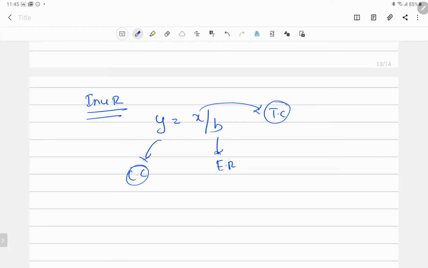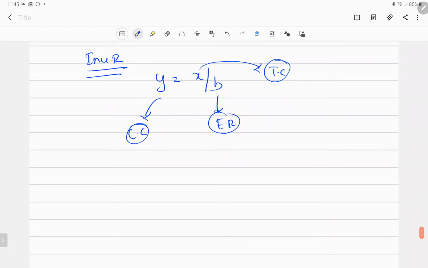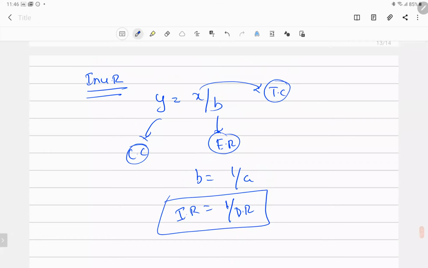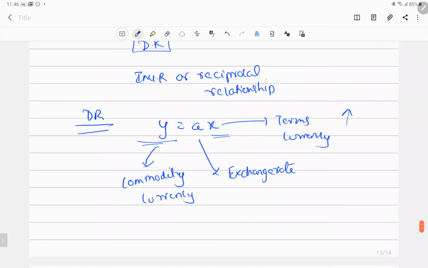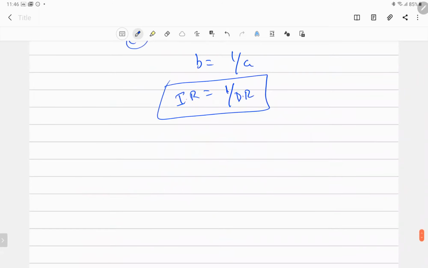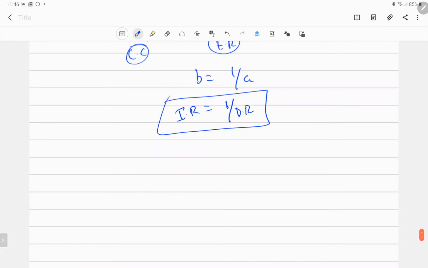So here b equals 1 by a, or as Keshav said, the inverse rate is 1 by your direct rate. This can be helpful if you are stuck with some interpretation; you can use the algebraic equations to derive the value also. So this is the relationship that we have seen.